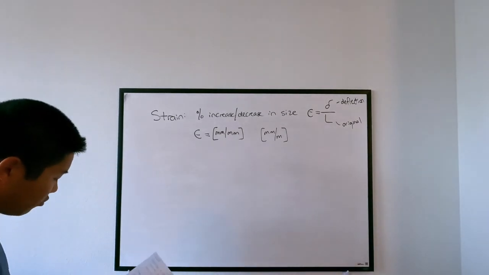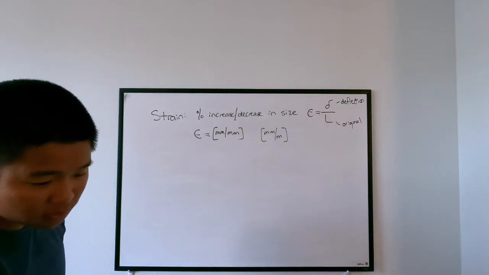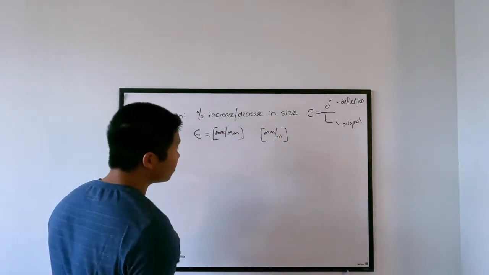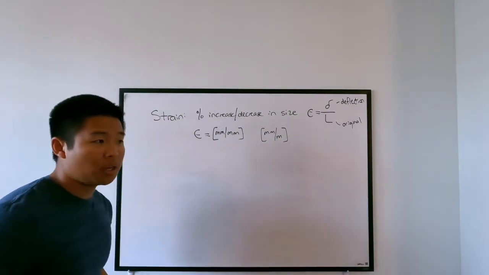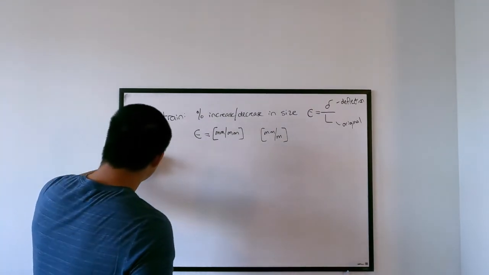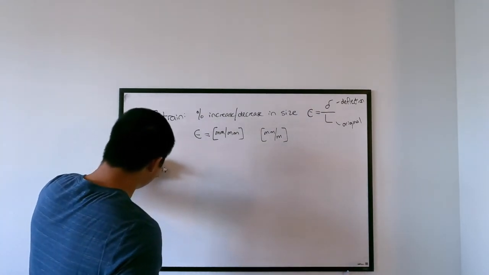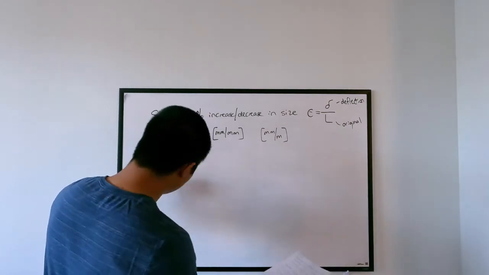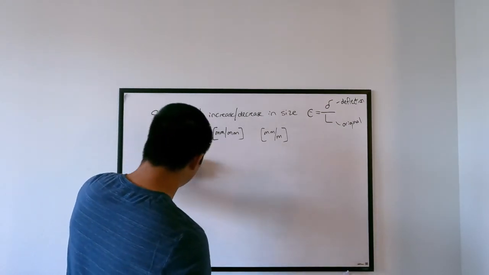So, strain can be caused by several things, okay? Of course, changing the length of something can be caused by a few different things. Causes: forces and temperature. I'll follow the order of the notes, right?